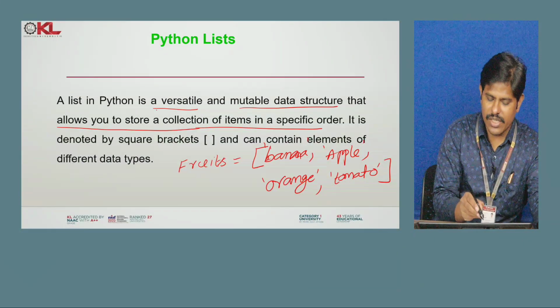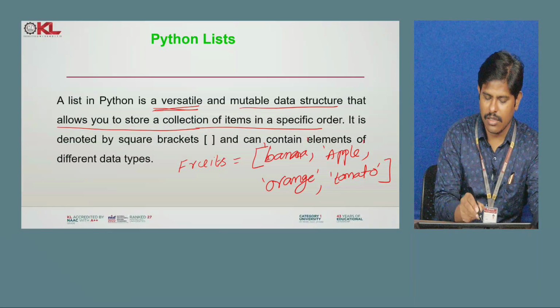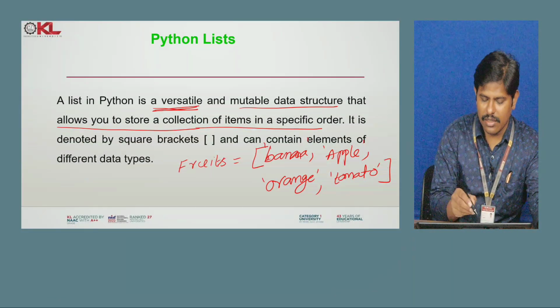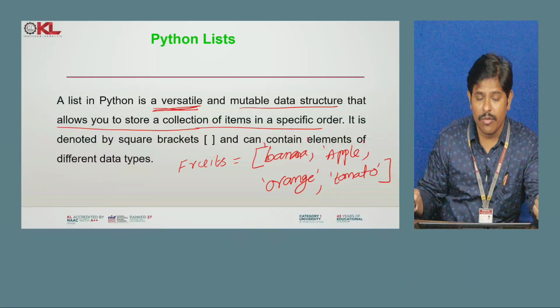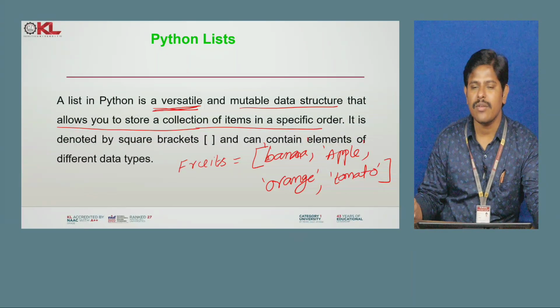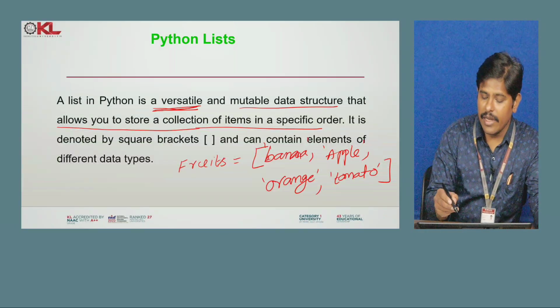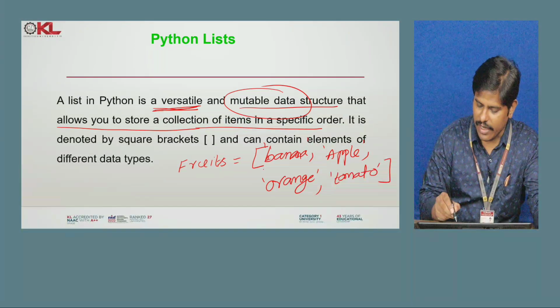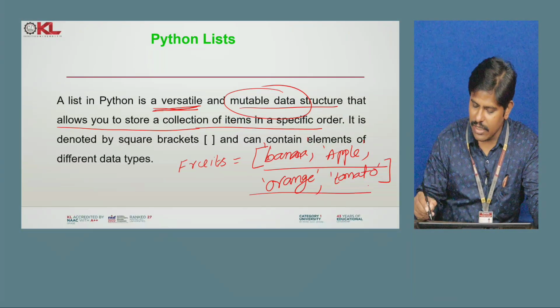A Python list is versatile. That means I can do many operations in a flexible manner, in a dynamic manner, and it is a mutable data structure. Mutable means I can change or mutate the list here.